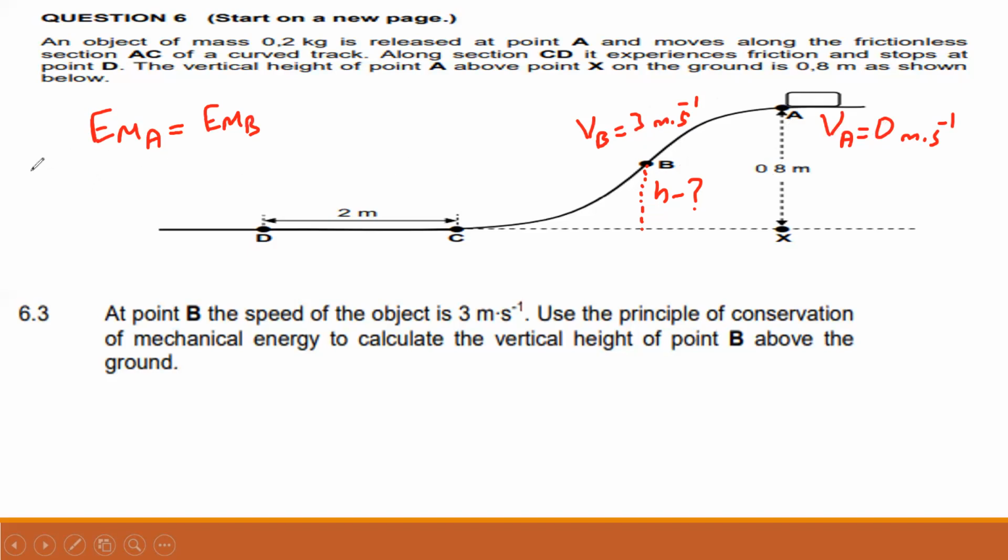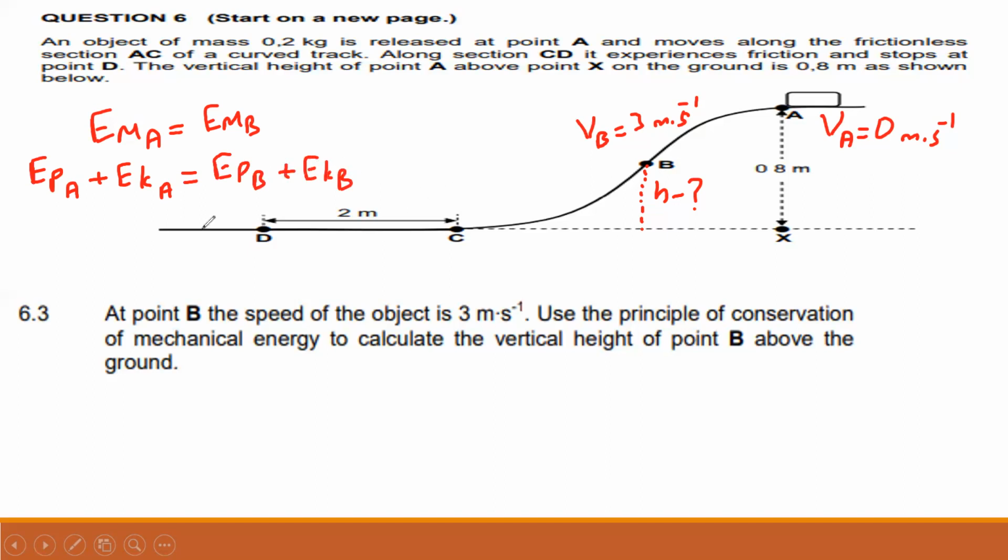EMA is equal to EPA, potential for point A, plus kinetic for point A, EKA, and then EPB plus EKB.